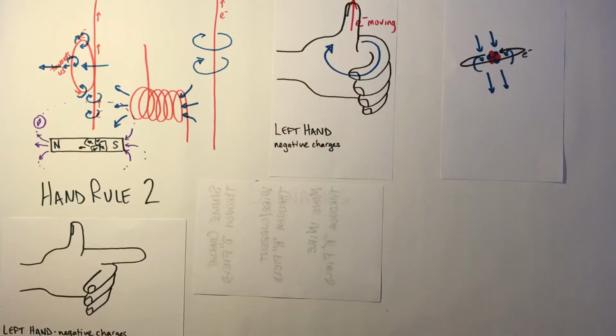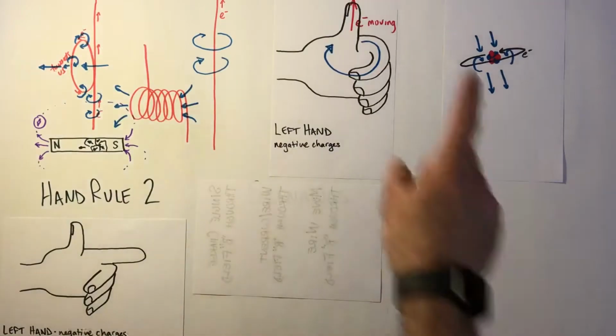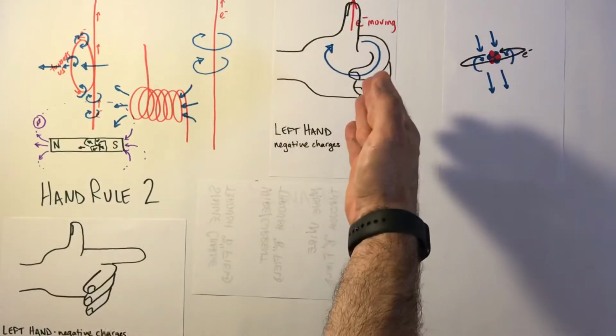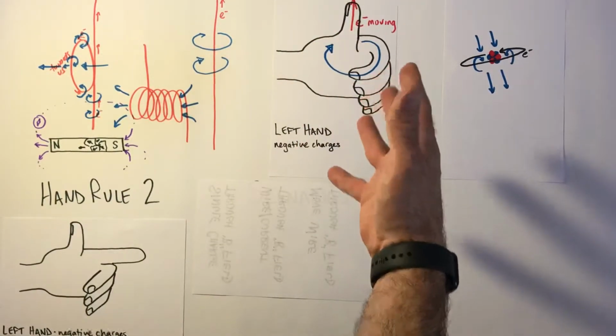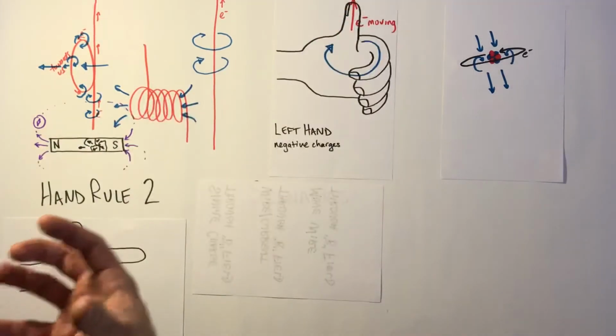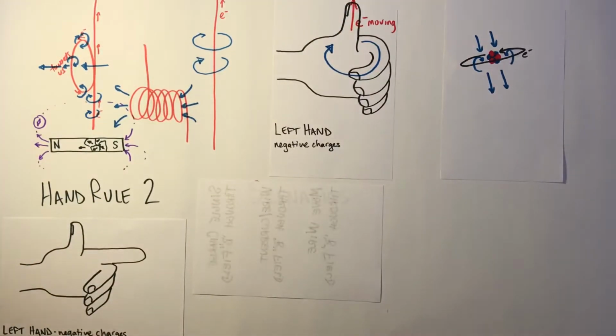So what we discovered here, what we're going to represent with hand rule number 2, is that moving charges will interact with pre-existing magnetic fields. Now, that should make good sense because we see here that a moving charge creates a magnetic field. So that means if you send a moving charge through a magnetic field, those fields will interact and you'll have some sort of force. So this drawing is to help keep track of how that works.